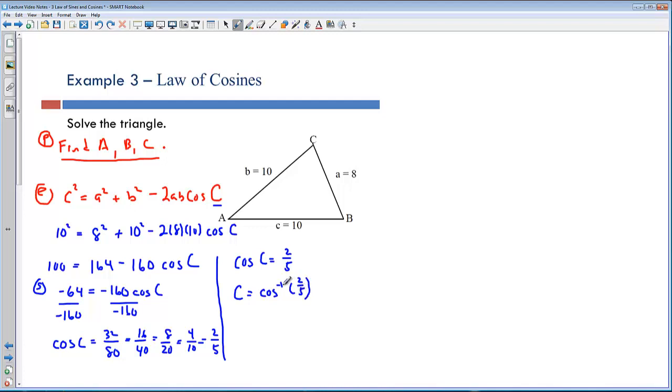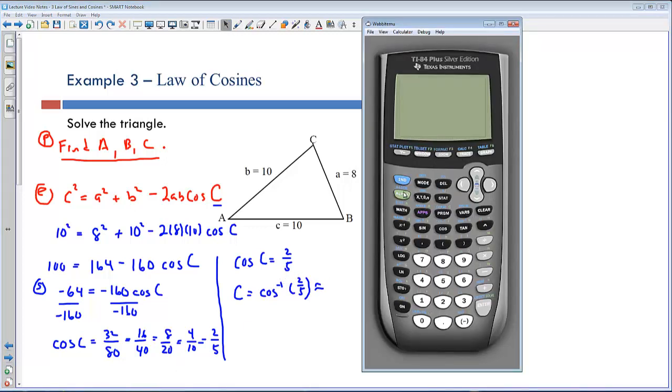And if we want to know this in terms of degrees, we can use our calculator. So take out your calculator. Make sure you're in degree mode. So I'm in degree mode, so I'm good. And so we can take the second cosine of 2 divided by 5, so cosine inverse of 2/5, which will be equal to about 66.4 degrees.